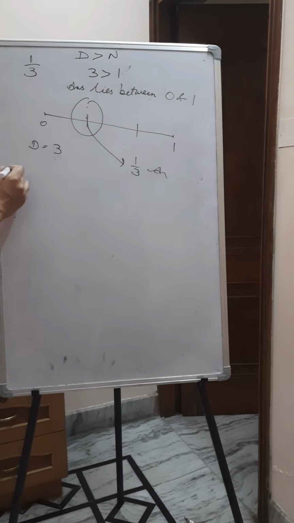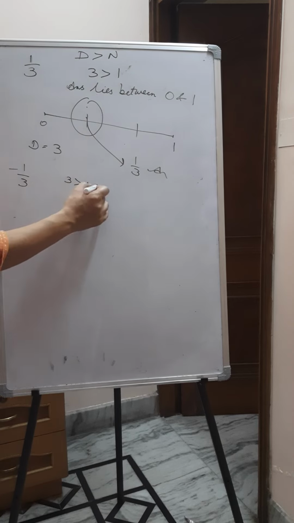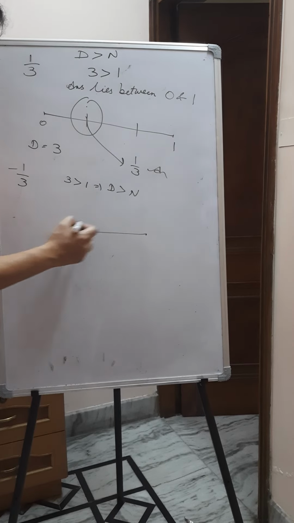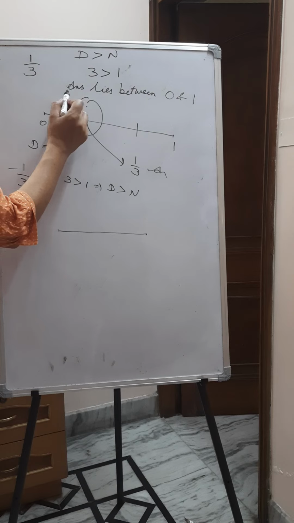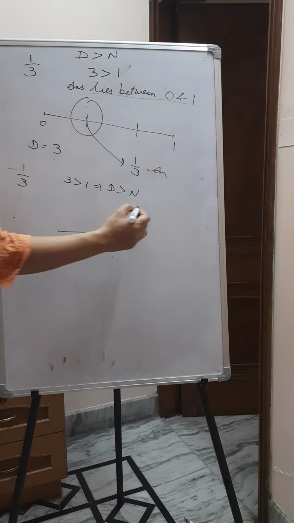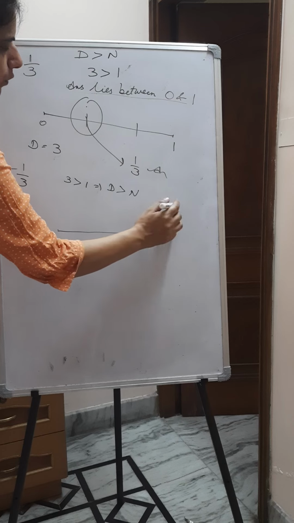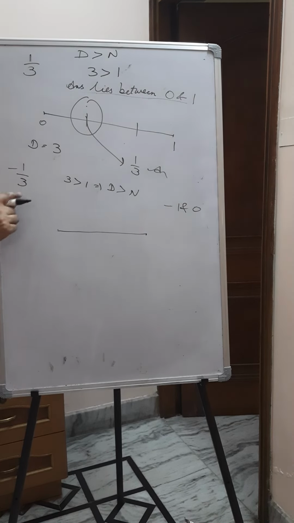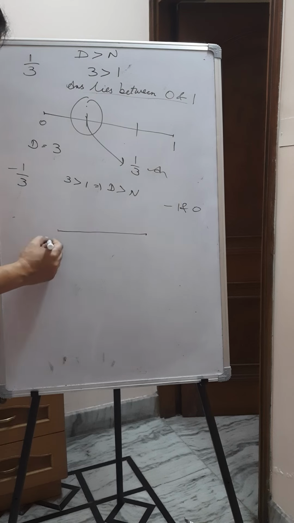If the question is about minus 1 over 3, 3 is greater than 1. Again, denominator is greater than numerator, which means the answer lies between 0 and 1. Now this is negative, so the answer lies between minus 1 and 0.